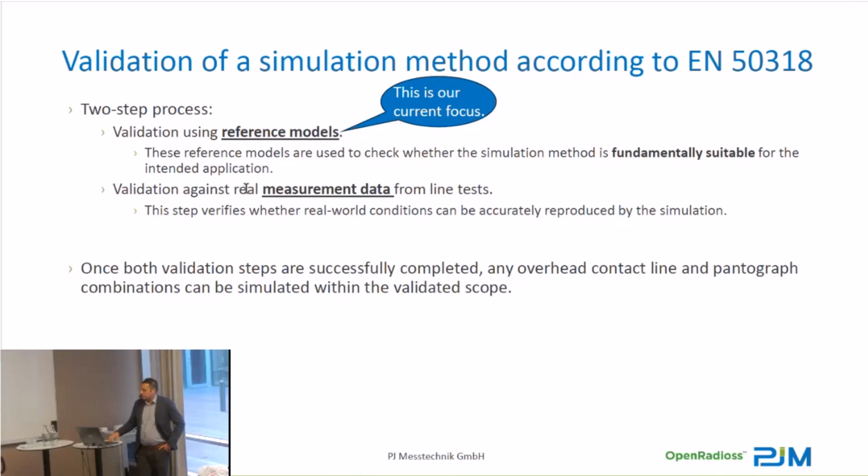Only when we have validated against both of these, the reference model and real measurement data, are we allowed to do any simulation of contact between pantograph and overhead contact line within this validated scope. We are currently here. We are validating our simulation against the reference models.